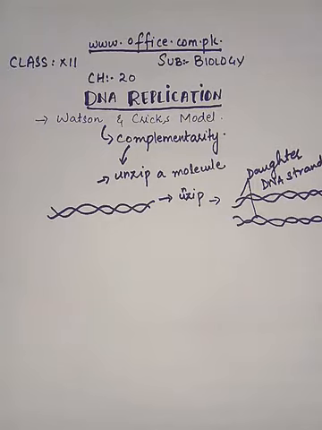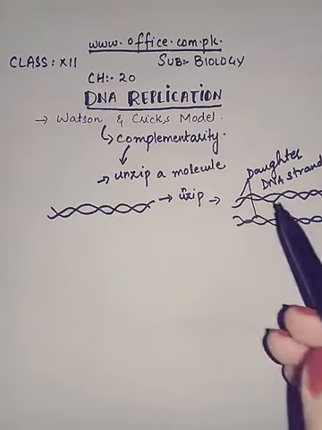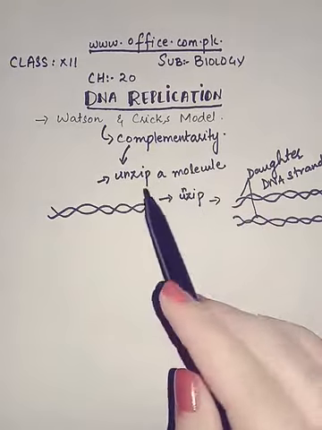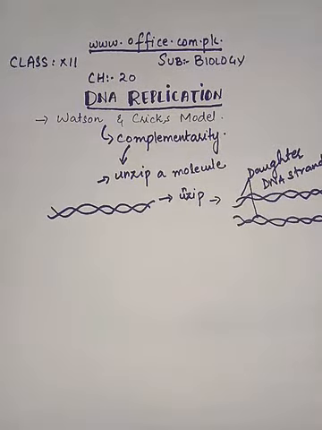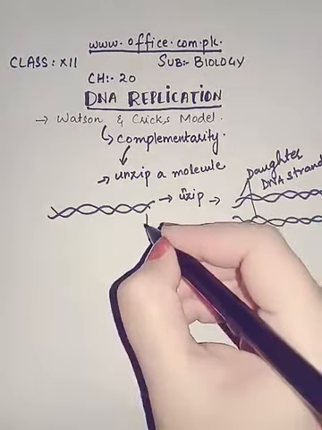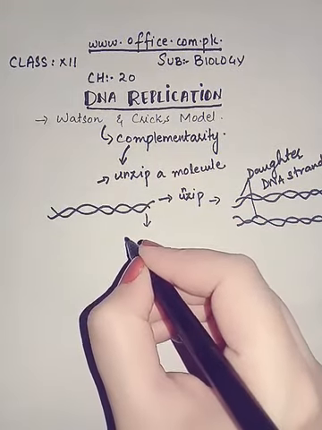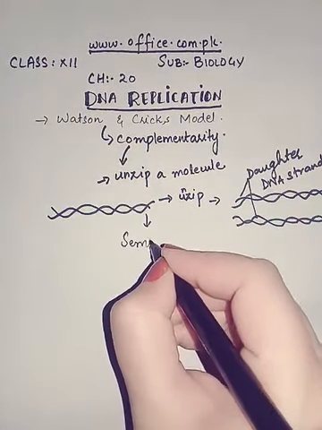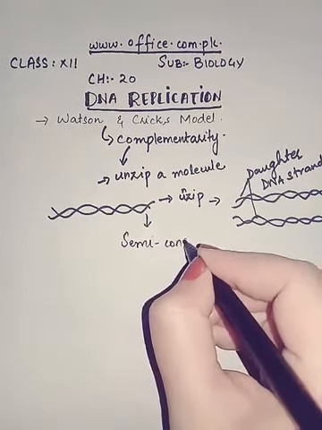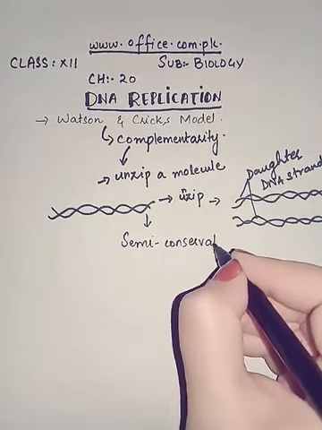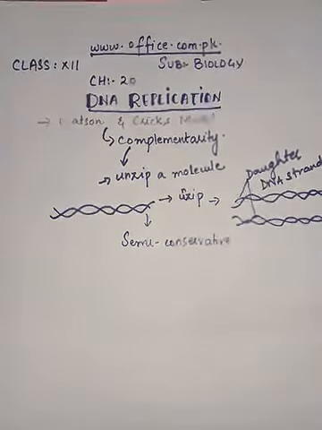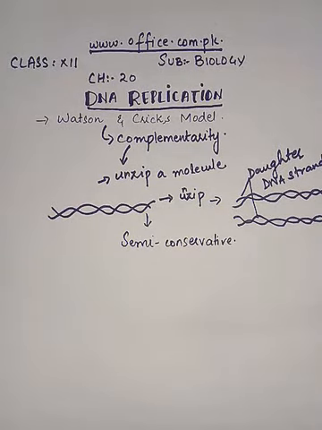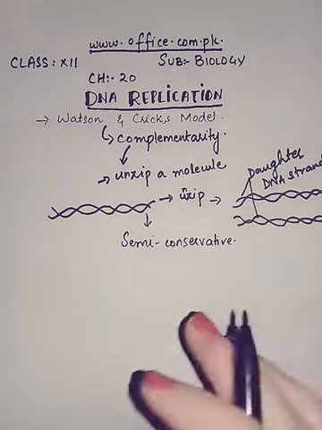These newly formed strands will have exactly the same sequence as the strand that is lost by each parent strand. Now this kind of replication is known as semi-conservative. Why is it called so? Conservative means reserving the actual form, reserving the actual copy.